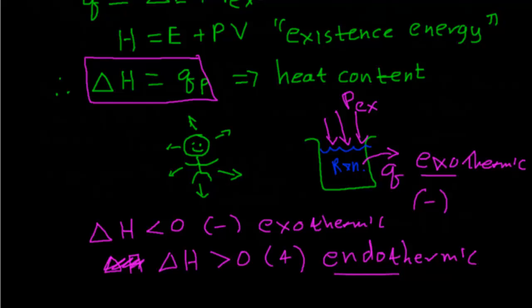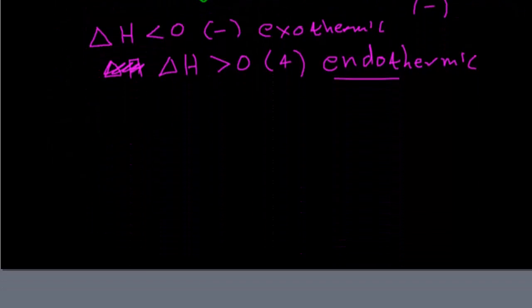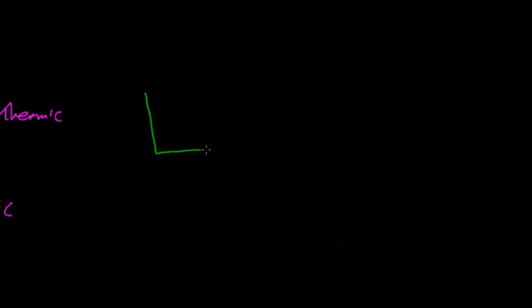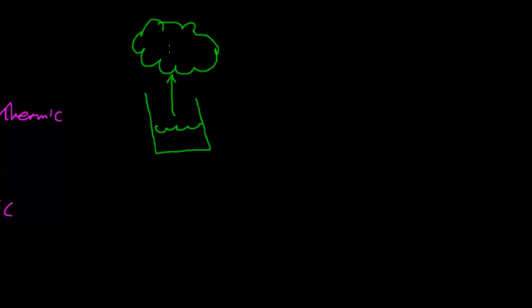Let's think about this in the context of phase changes. Let's say in this beaker I have a liquid. If I want to convert that liquid into a gas, I'm going to draw a little arrow up here, and then here's a big cloud of gas. So we've gone from liquid to gas. That process is called vaporization.